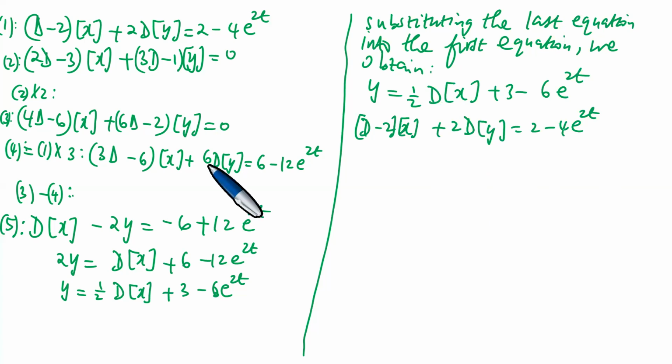So this is equation 1. What we do is perform substitution into this one. And if we do that, we obtain (D minus 2) operating on x.